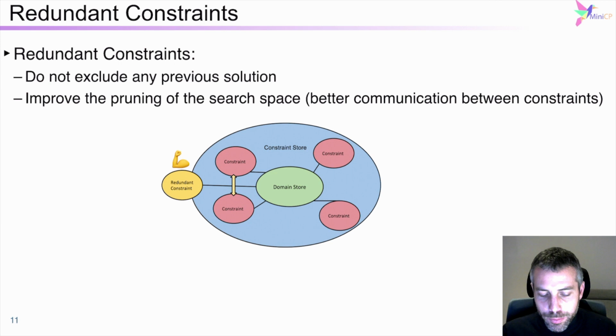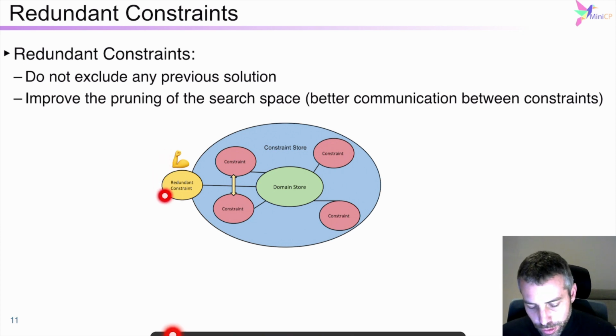Redundant constraints have the property that they do not exclude any feasible solution that you have expressed with the basic constraints, but they might improve the pruning of the search space by improving the communication between the constraints, for instance. So I represent the redundant constraint as this one. They improve the communication between, for instance, in bin packing, the simple packing constraints of each bin. You will make them communicate better and detect, for instance, inconsistency earlier.